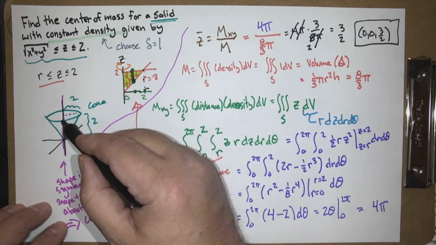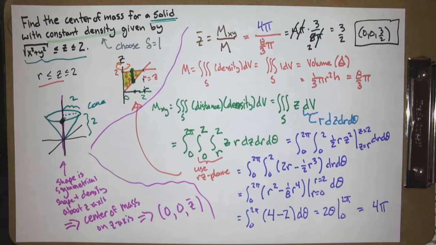But it says we're biased towards the top. Does that make sense? So 3/2 is like 3/4 the way up. Should you be closer to the top than the bottom? Yes. Why? There's more stuff on the top. And so you expect it to be biased towards the top. So that's good. Oh, good.